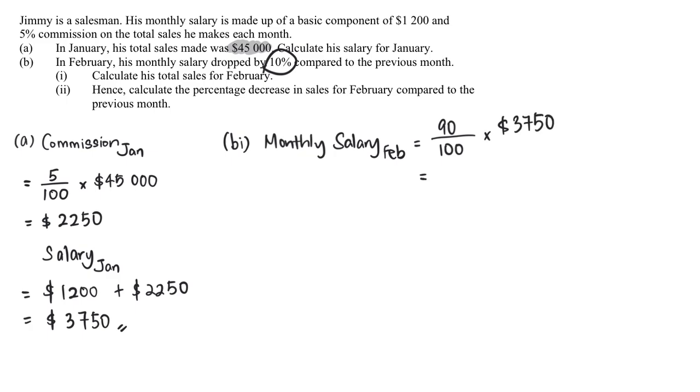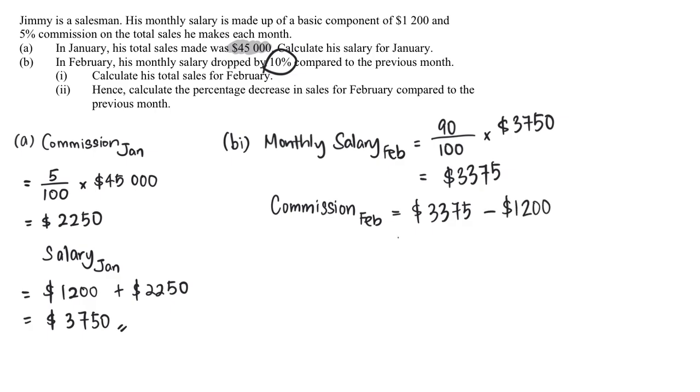This will give me a value of 3,375, out of which 1,200 is the basic component. So the commission for February will then be the following.